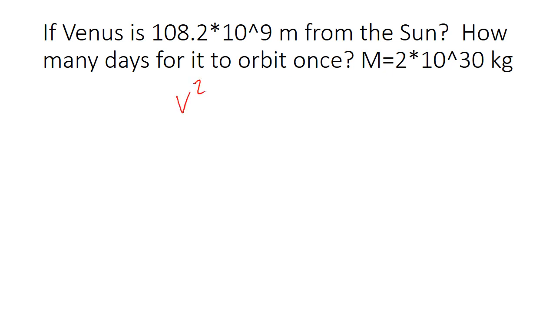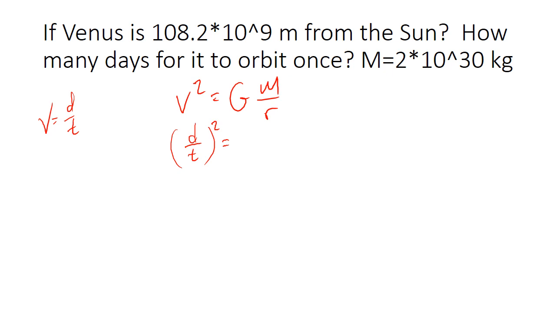So we remember how v squared is equal to G big M over r. Now, velocity, in case you forgot, is distance over time. So I am going to replace this with a d over t, squared, and the squared stays too. So far, so good.